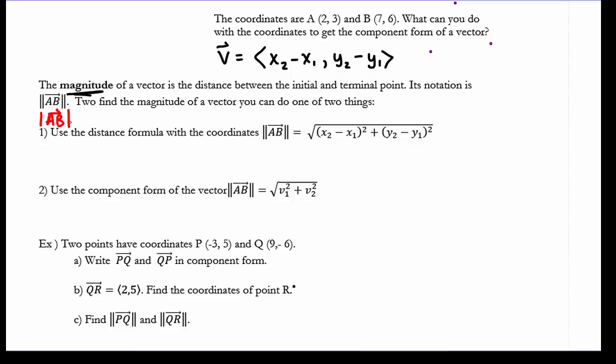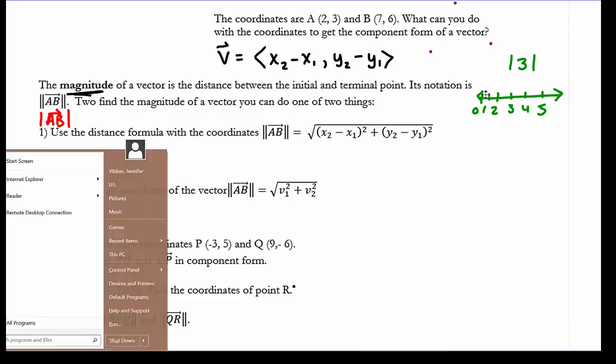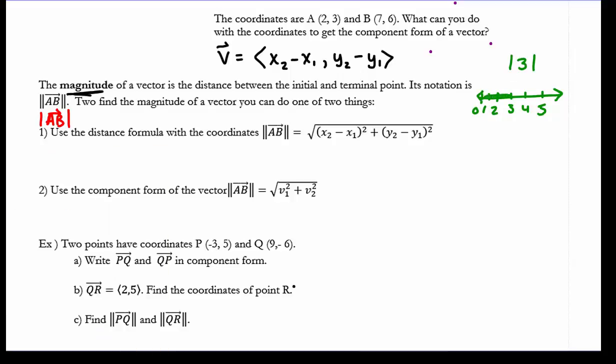A lot of people ask, wait a minute, doesn't the single bar mean absolute value? It absolutely does, pun intended, because absolute value has actually always been a vector, you just didn't know it. The absolute value of 3 means how long is the segment that connects 0 on the number line to 3 on the number line.